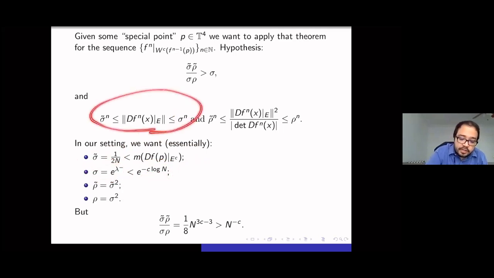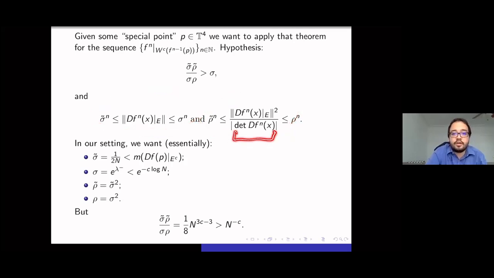And once you have this first inequality, you have the second one for free, because the determinant on the center is 1 because of the standard map. So the bottom part is 1, and the top part is just the square of what you got from the first part. Now you plug this into the inequality that you want to verify.